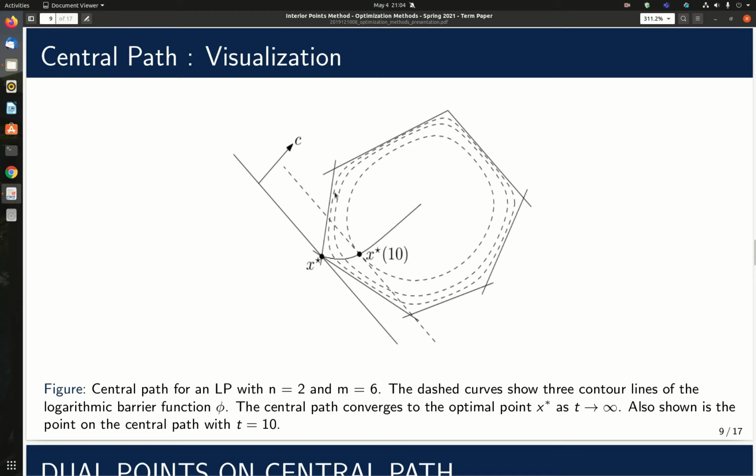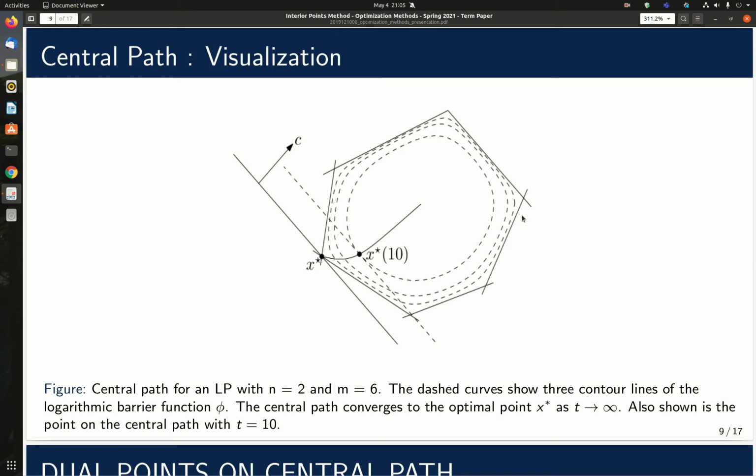As t increases, at these boundaries the barrier function will suddenly hit infinity, and therefore we will never be able to cross the barrier function. The feasible inequality constraints will never be violated.